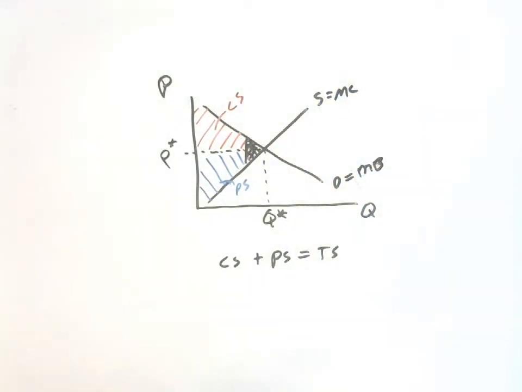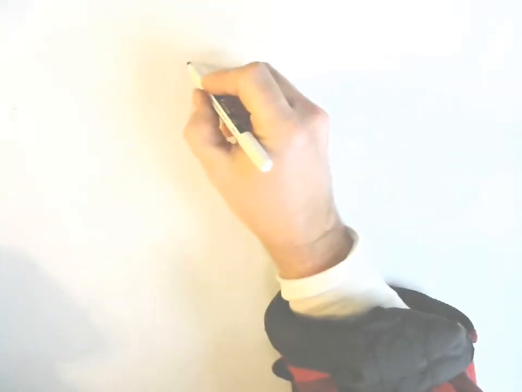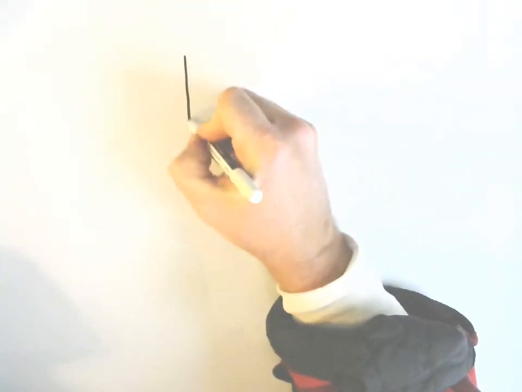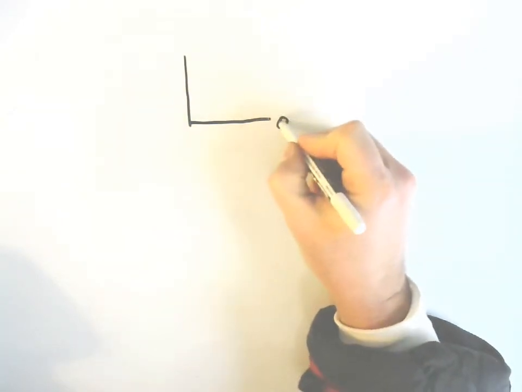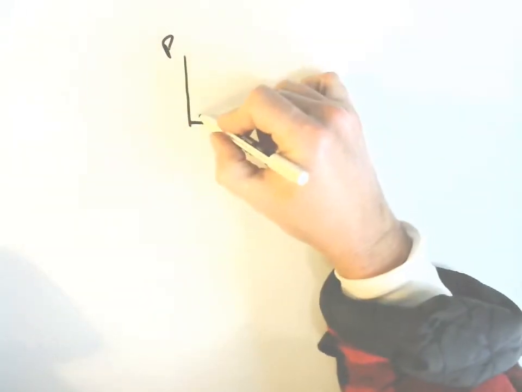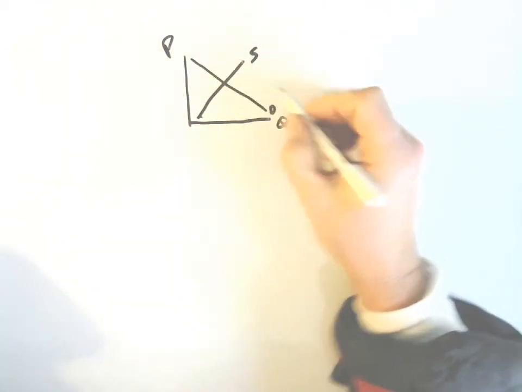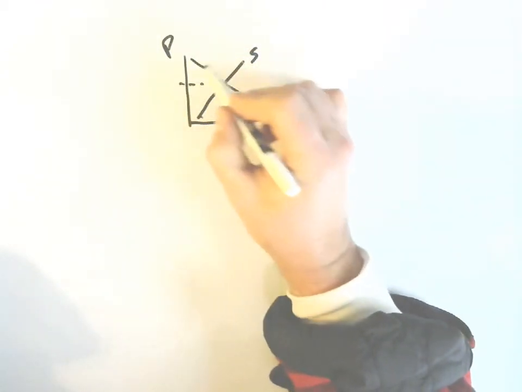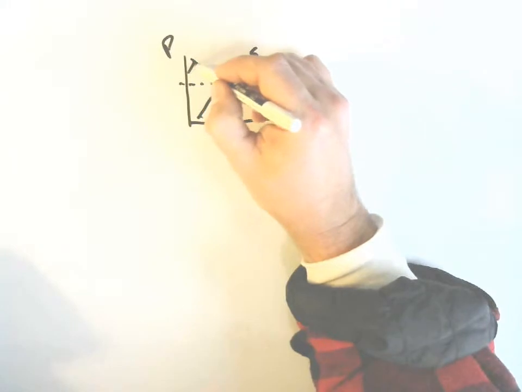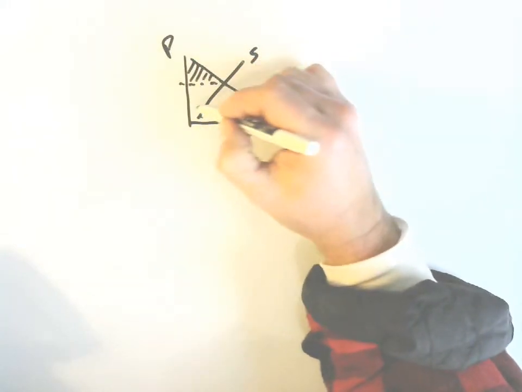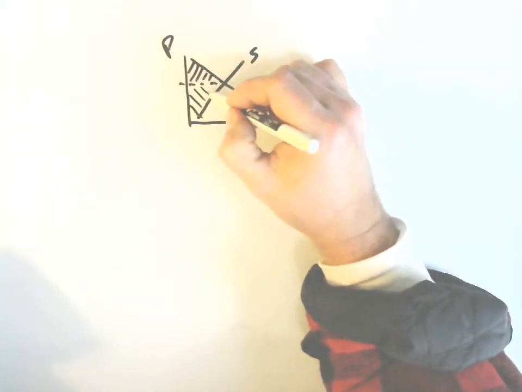Now I want to clarify something about total surplus and the way economists think about it. Let me give you three different situations. I'm going to draw a market here. We've got supply, demand, price, consumer surplus, and producer surplus.